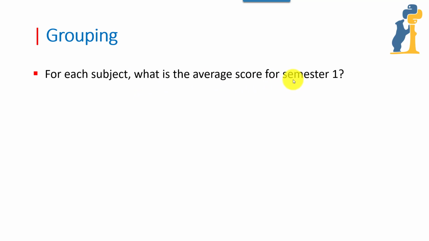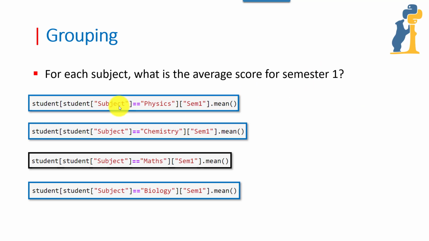Depending on the previous lecture, you can calculate the average score for semester 1 by first filtering or subsetting rows that have physics in the subject column. After that you zoom in on the column semester 1 and you will receive the mean value. You will do the same for the chemistry subject, the math subject, and the biology subject.